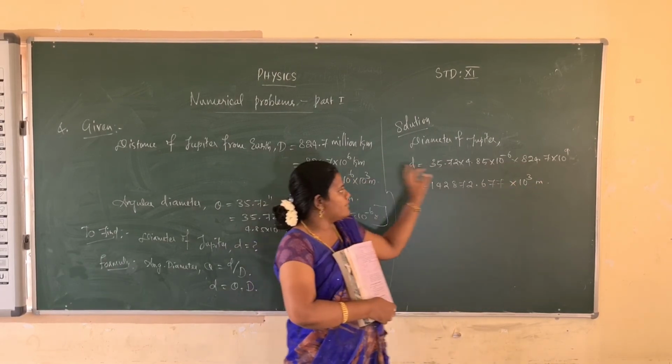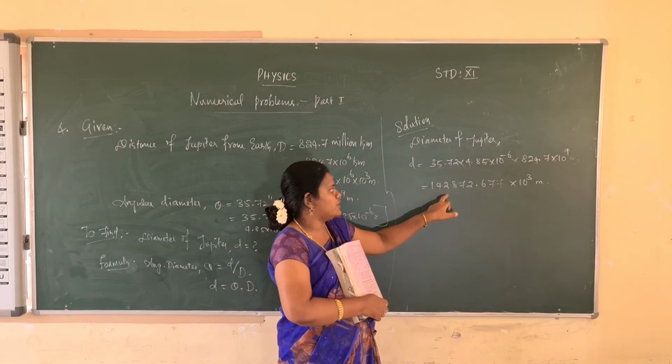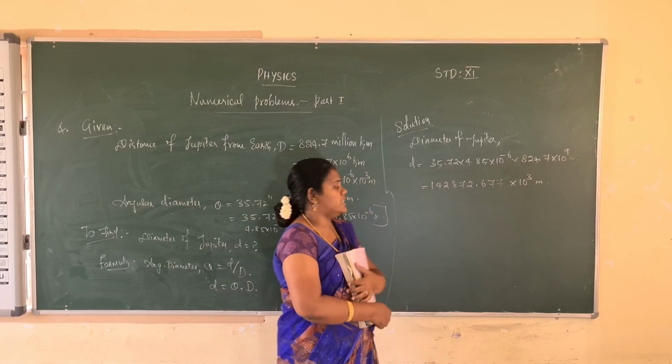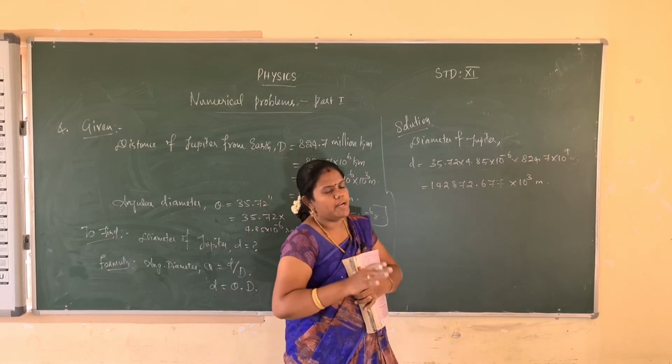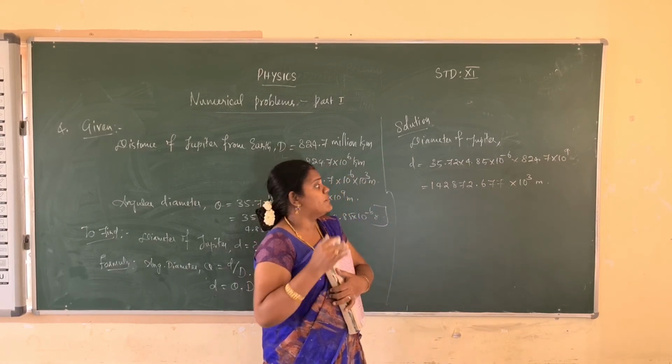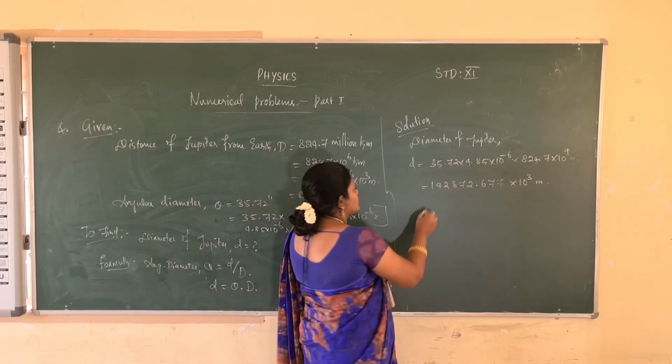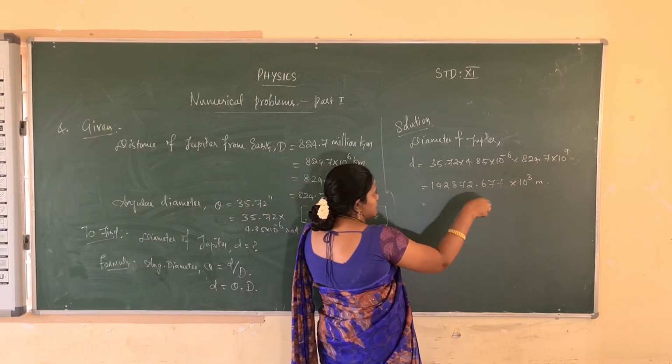So all the values to be multiplied, 1,42,872.677 into 10 power 3 kilometer. This is the final value, but in our book it is given as 10 power 5 kilometer. How will you change it to 10 power 5 kilometer? This value will be taken as 10 power 5.